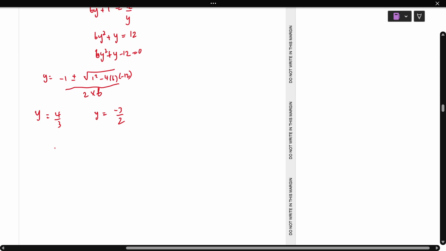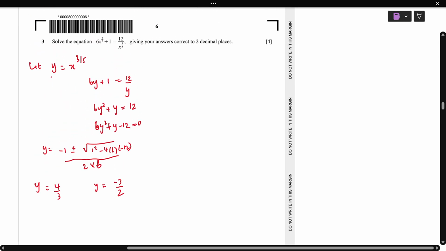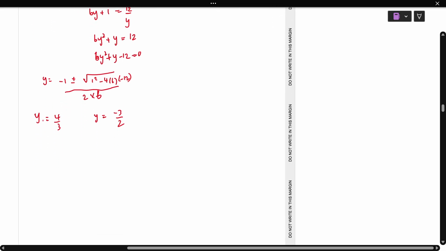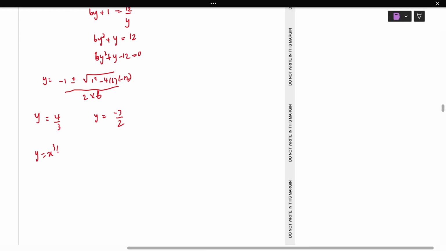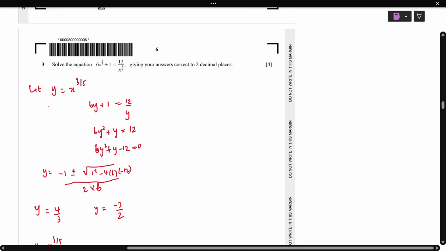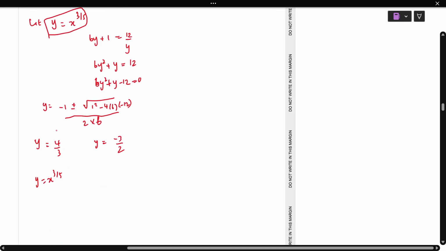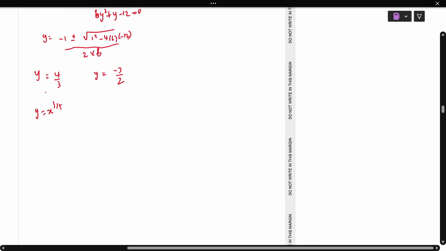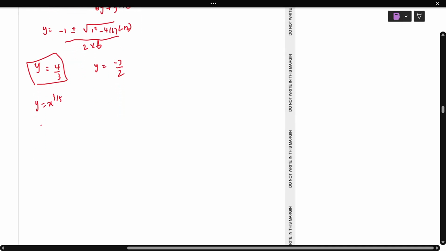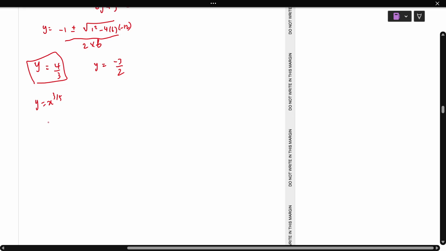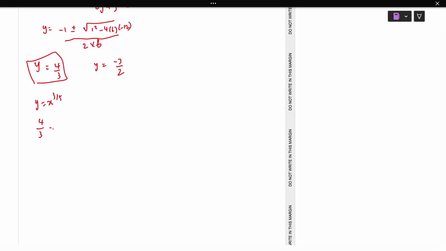So we got two values for y, where y equal to x power 3 over 5, that is the thing we took as let. Now we got the y value. I'll take the first value, and both answers will work. First value, y equal to 4 by 3. So 4 by 3 equal to x power 3 over 5. How do I remove this 3 over 5?